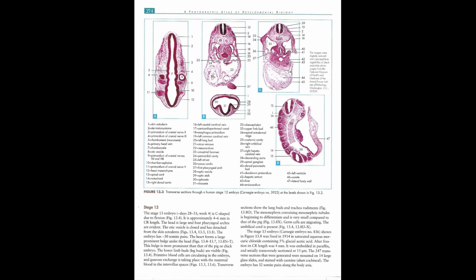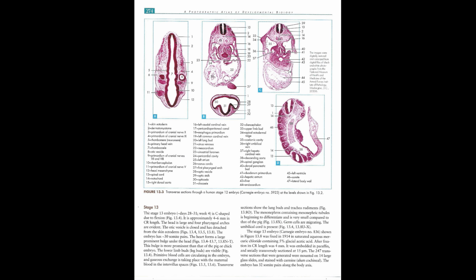The embryo has approximately 30 somite pairs. The heart forms a large prominent bulge under the head, Figs 13.4 to 13.7, 13.8 nt. This bulge is more prominent than that of the pig or chick embryo. The lower limb buds, leg buds, are visible, Fig 13.4.